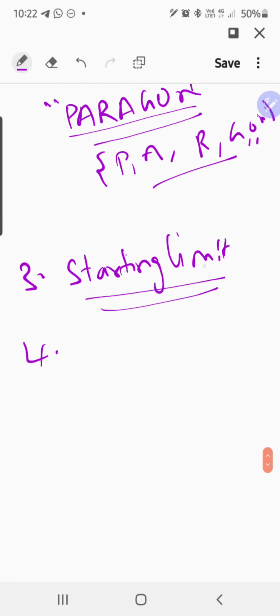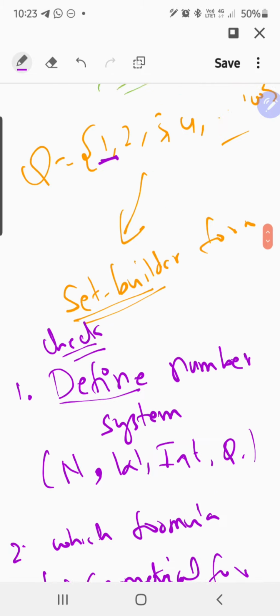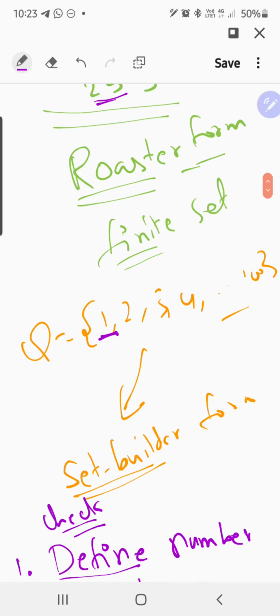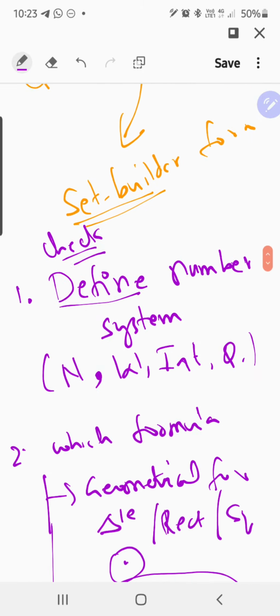You can say starting limit, or starting point also. Second, you have the end limit, where it ends. Here it ends at 25, here it ends at 100. Like this you have to carry on.